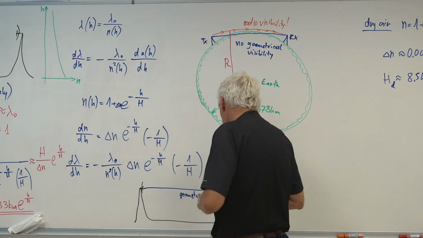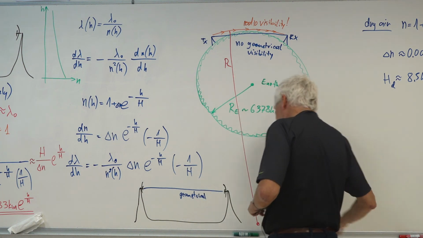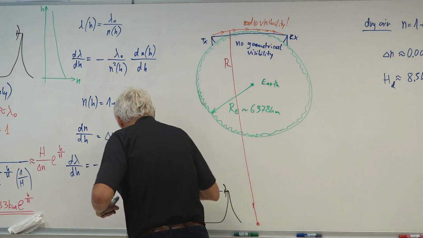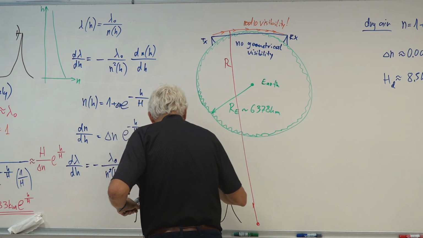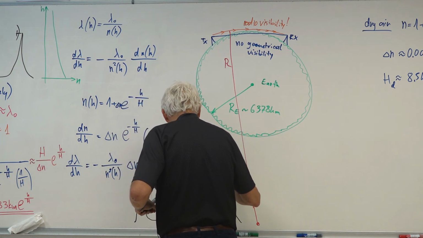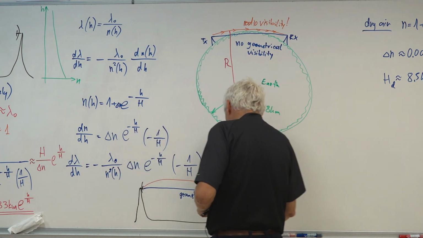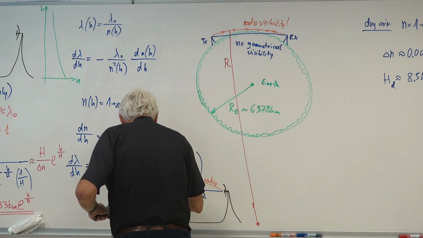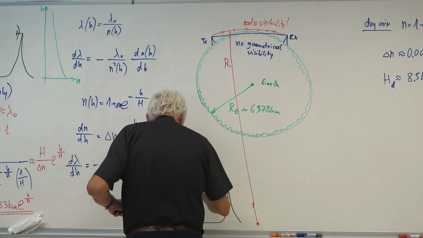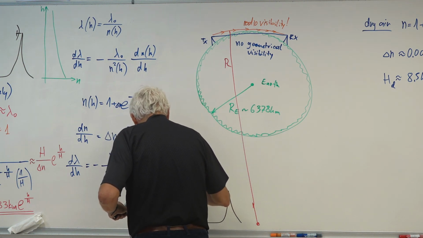But the geometrical visibility is not the optical visibility. The radio visibility is a curved line with one radius. So radio. And we have yet another line for the optical ray, if we have, say, a laser on one mountain top and we are watching it on the next one. So this is optics.